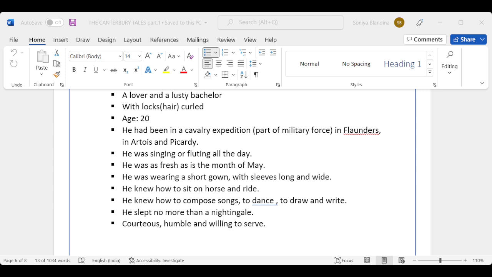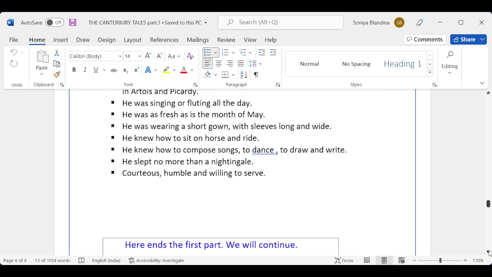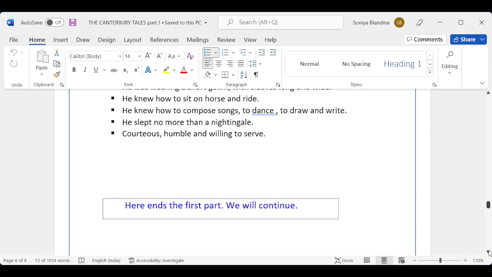And then, what kind of a person is the squire? He is courteous, humble, and willing to serve. So this is the description about the squire that Chaucer is giving.